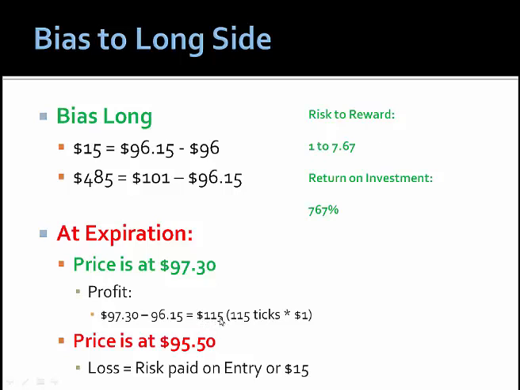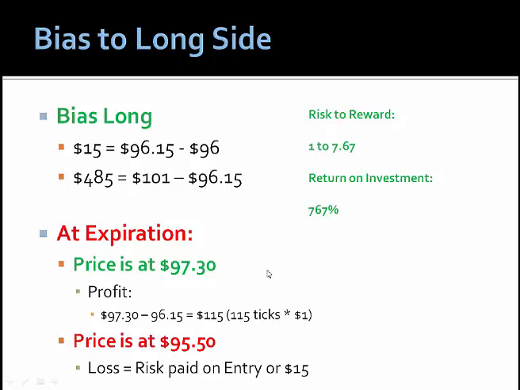$115 profit. Now, if at expiration the price is at $95.50, you lose the $15 that you paid on entry. Notice that we do not subtract this from the entry price. We pay the risk on the spreads with Nadex up front. So if you're calculating your risk to reward, which means for every dollar of risk, what was the gain?